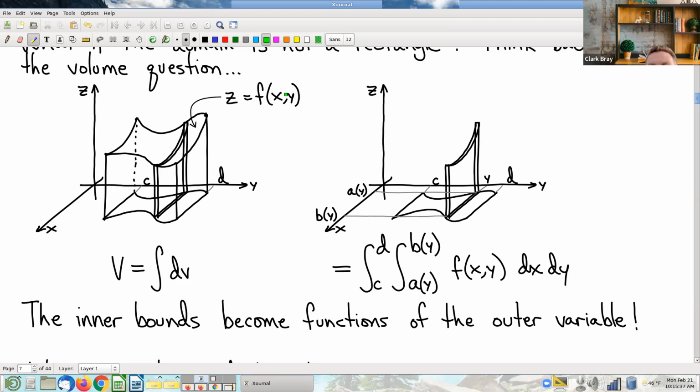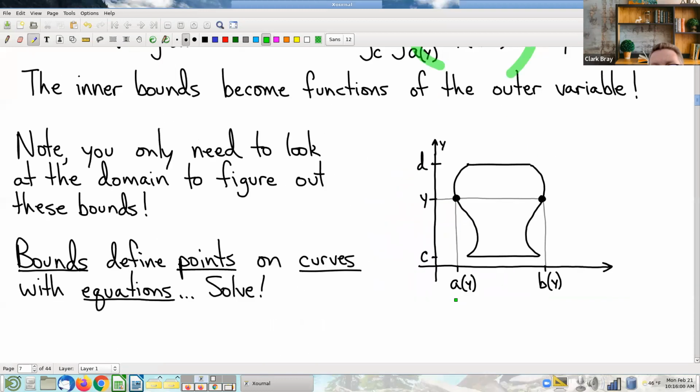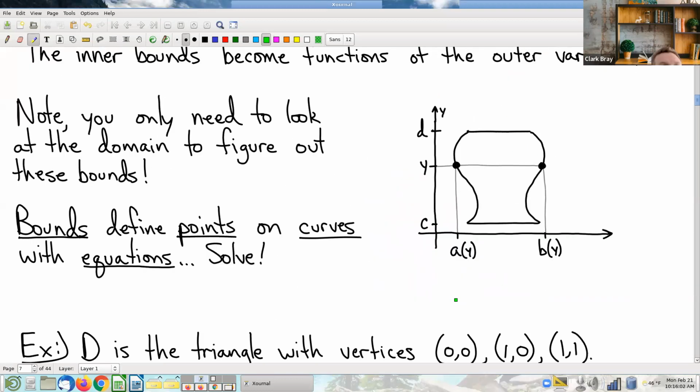And really the only difference is that as these slices move along, the points that are the endpoints of the x integral, the inside integral more to the point, well, they move, right? Depending on where y is, those points kind of follow that curve, entirely determined, of course, by what the domain is. And so we don't even need to draw the three-dimensional picture, right?